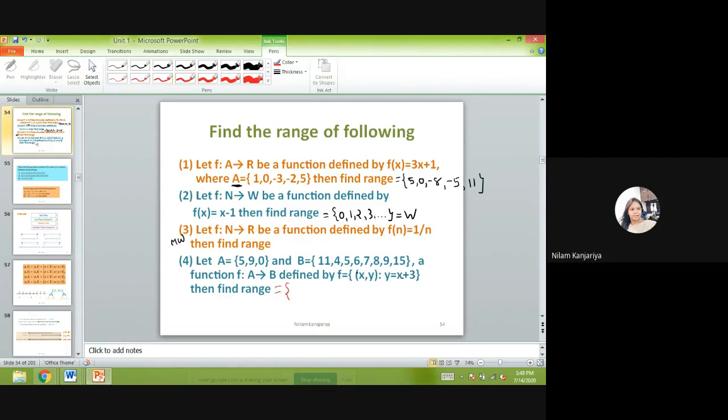Always remember, range is a subset of B. Range is always a subset of codomain. The value of range is always a member of codomain.